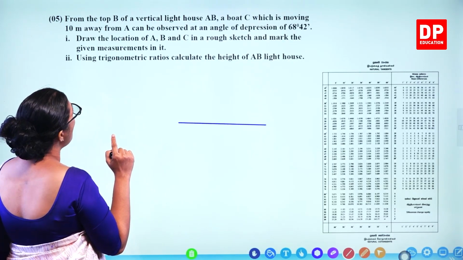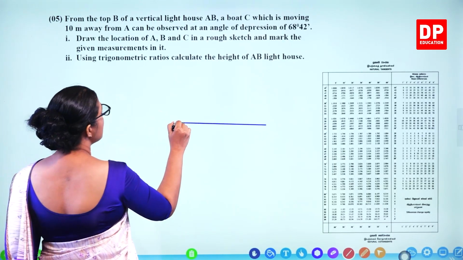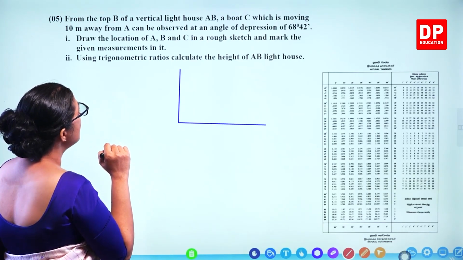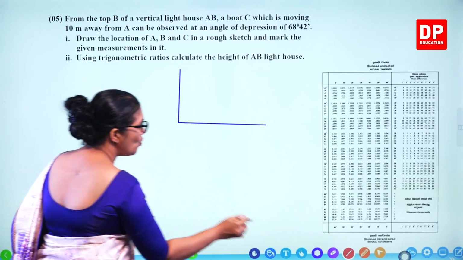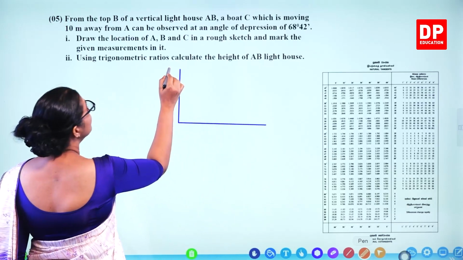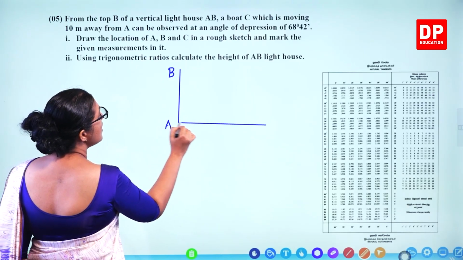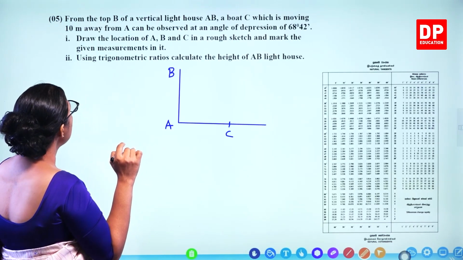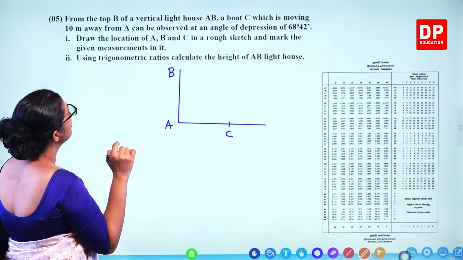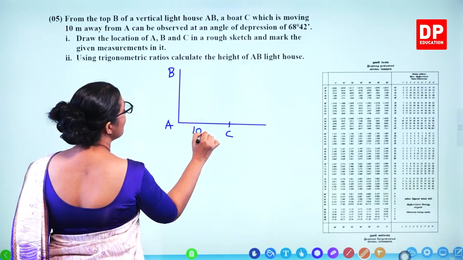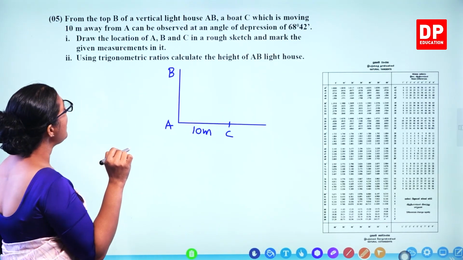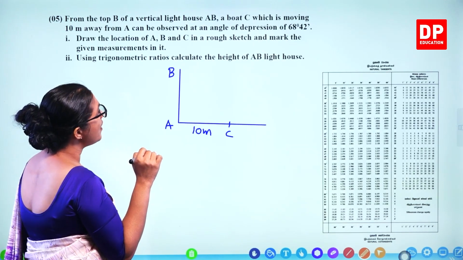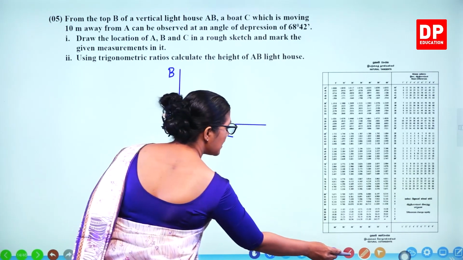From the top B of a vertical lighthouse, this one is a lighthouse. A boat C which is moving, this is AB, C is a boat which is moving 10 meters away from A, which can be observed at an angle of depression of 68.